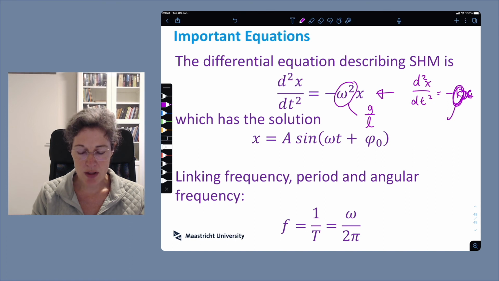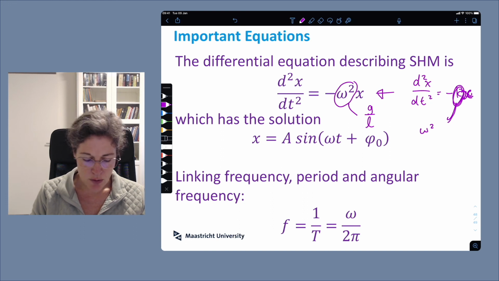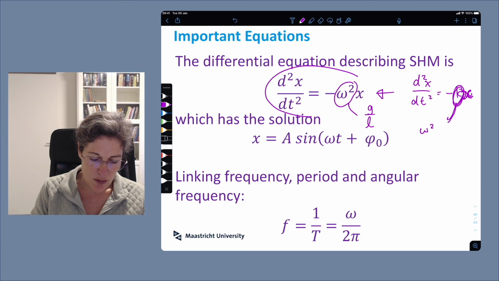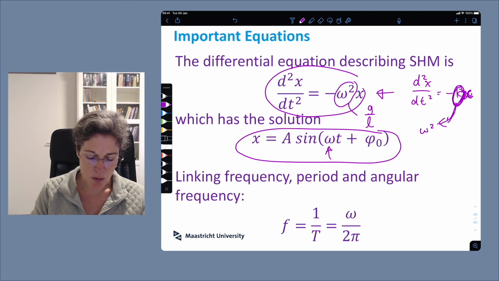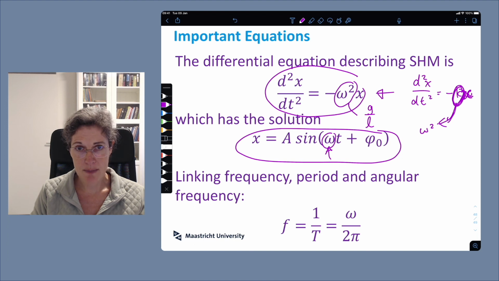So you're going to equate whatever crazy coefficient you have here with omega squared, because that's going to tell you your angular frequency. And that's useful because when you're in this form over here, the solution is this sine wave over here with your angular frequency over here. So you can always find, given your coefficient in whatever system you have, by translating it into omega squared, you can find your angular frequency.